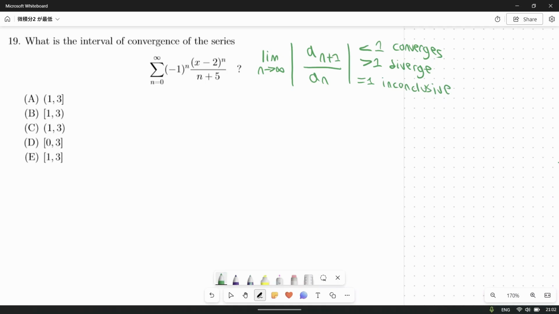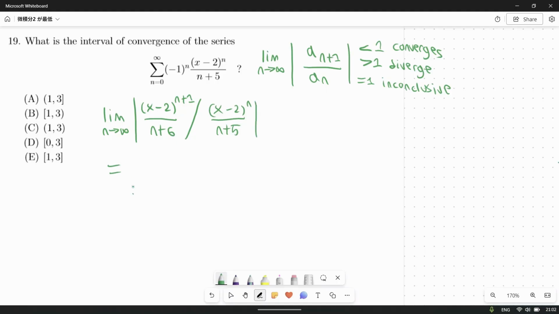Starting out by computing this limit, we'd end up with the limit as n approaches infinity of the absolute value of x minus 2 to the n plus 1 power over n plus 6, divided by x minus 2 to the nth power over n plus 5.